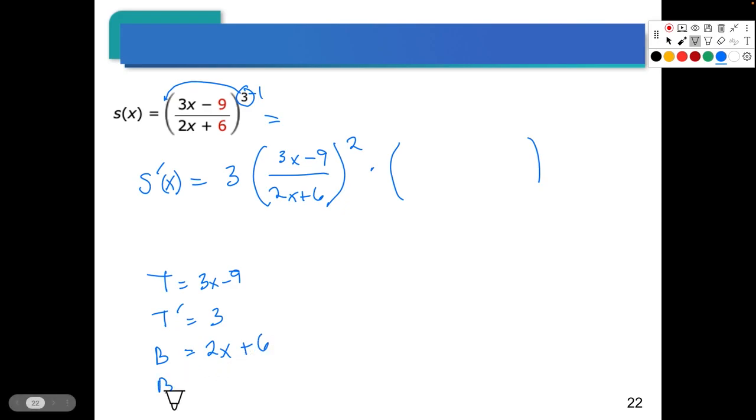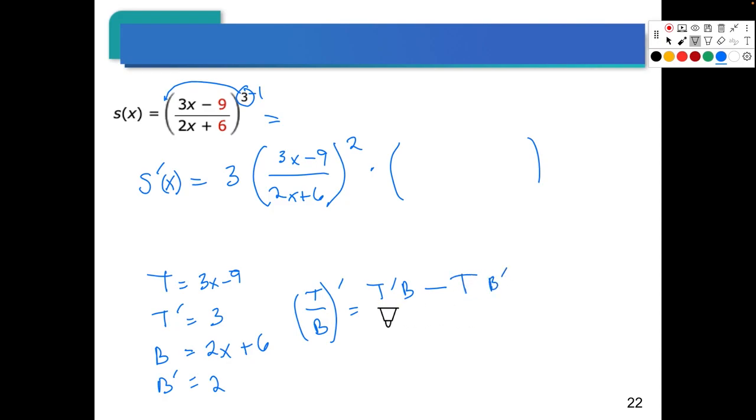And I need the derivative of the bottom part, which is just 2. And so the formula, if I take the derivative of a top over the bottom, remember, it's the derivative of the top times the original bottom minus the original top times the derivative of the bottom, all over the bottom squared.